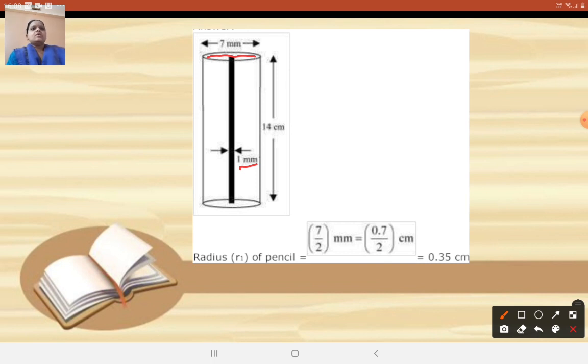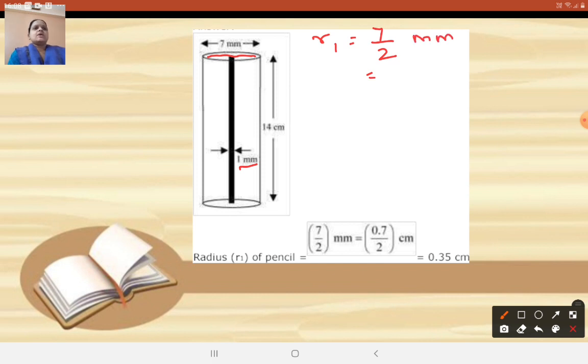Now diameter is given but for the formula to find the volume we require the radius. So if we consider the diameter of that pencil as d1, r1 will become 7 by 2. Divide by 2 to get the radius. But this 7 by 2 is in millimeter.